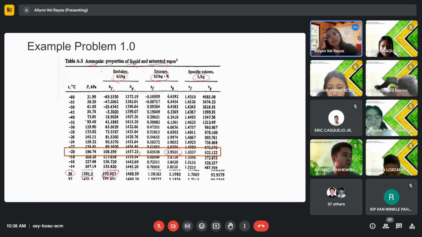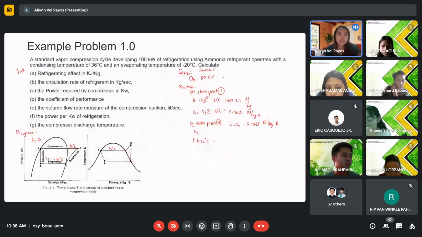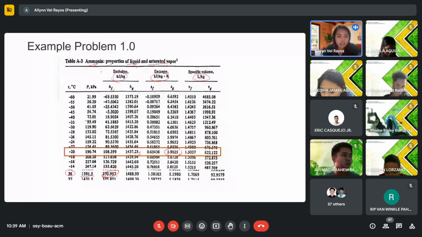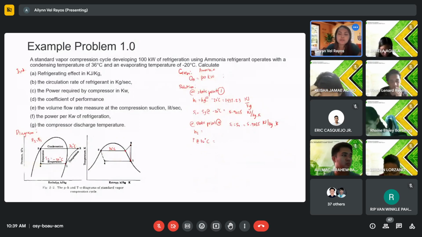Clear? Yes po, ma'am. So, sulat natin. 1391.5 kPa.